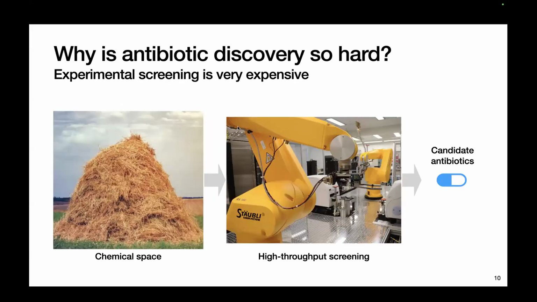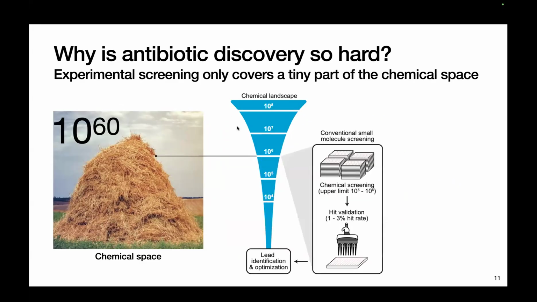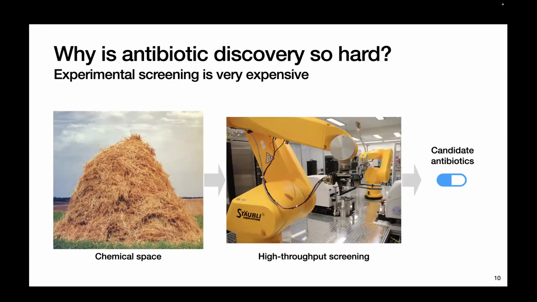Of course, antibiotic discovery is hard because of the large search space of biomolecules. This whole chemical space is about 10 to the 60th, like finding a needle in a haystack.